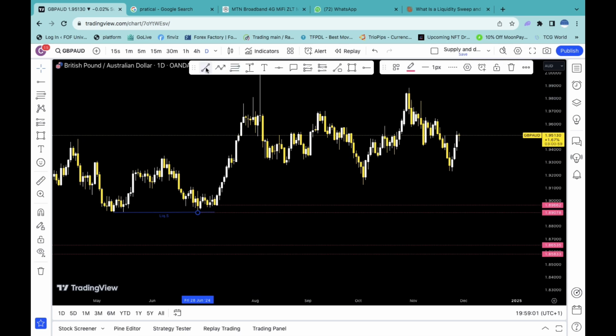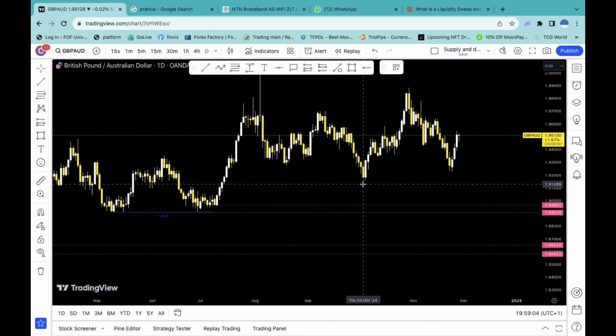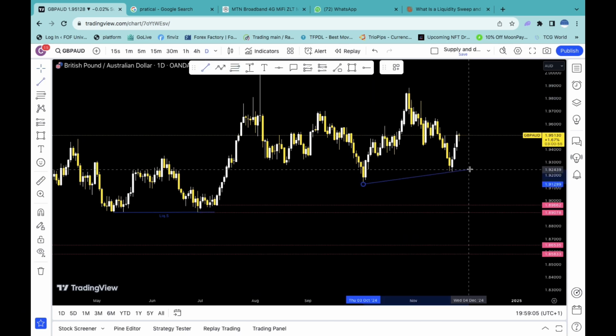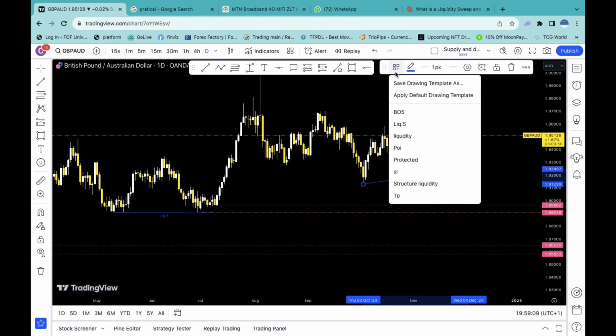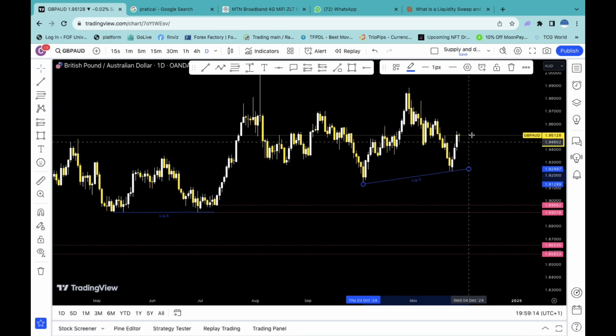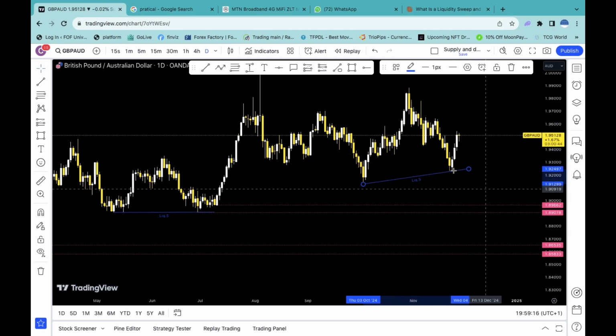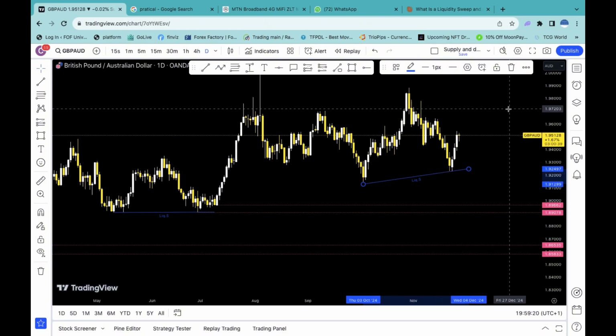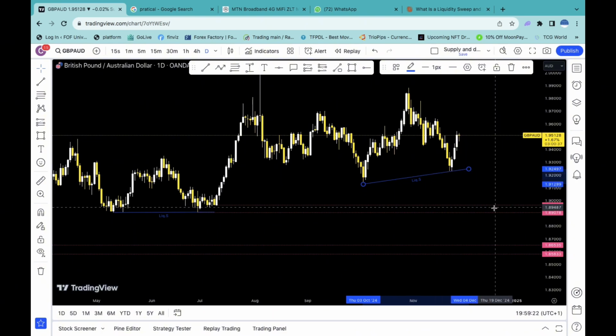Can you identify liquidity now? This double bottom becomes my liquidity sweep. So I will anticipate that price will come, break this zone, and come down to this place before moving up.